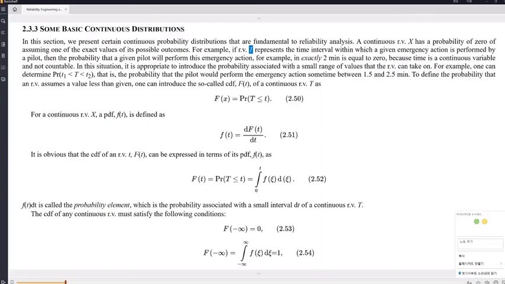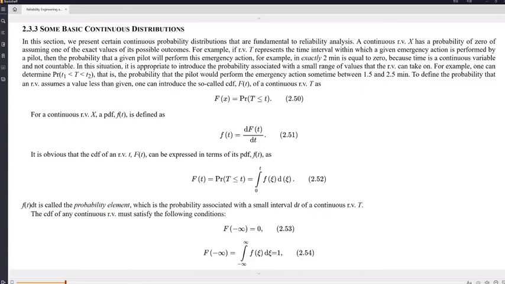For example, the time to take some action in an emergency situation. The time can be very short if the pilot is very experienced, several seconds or less. Or if the pilot is not that experienced, it will take more time, like 1 minute or several minutes. It can be much longer than that.